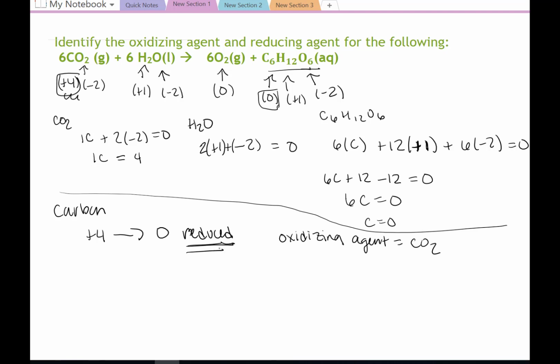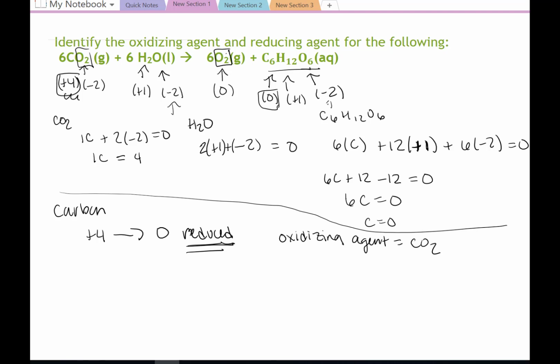Now let's look for the other one that we need to see. So we see oxygen here is 0, and then on the left-hand side, it's equal to negative 2. We're just going to deal with one of these. The other oxygen will stay the same.